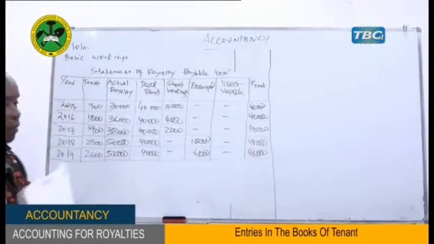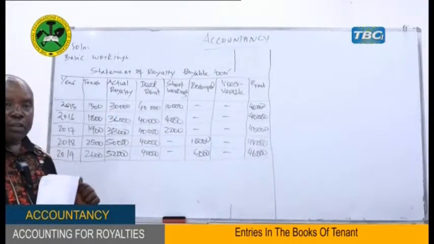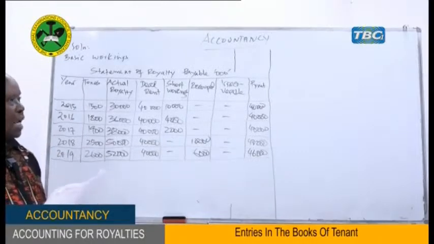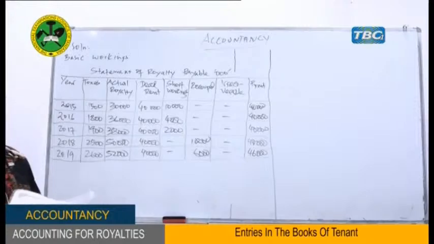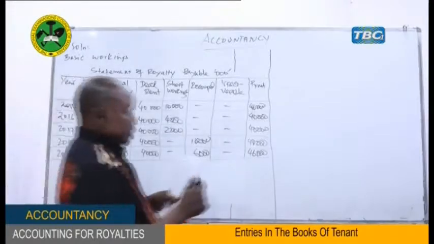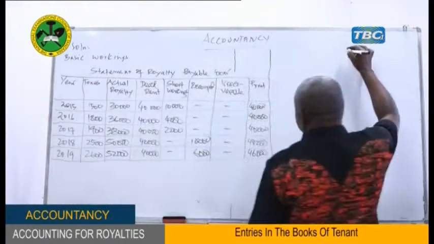Now, after having this table, we are going now to pass journal entries before posting to the ledger. So our journal entries now.